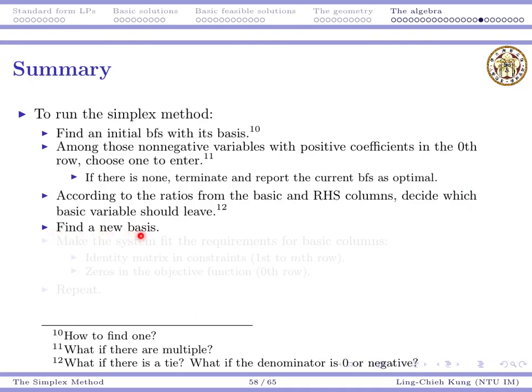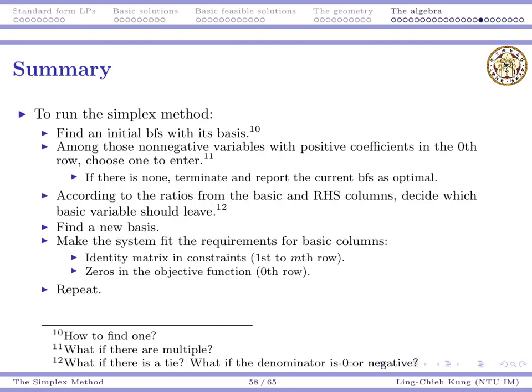So now we have an entering variable, a leaving variable, and a new basis, and then we need to update the system to fit the requirements for the basic columns. We need to create an identity matrix in the constraints, and we need to get zeros in the objective function for the basic columns.